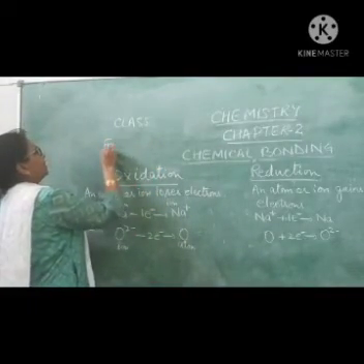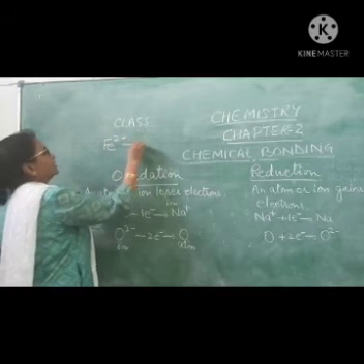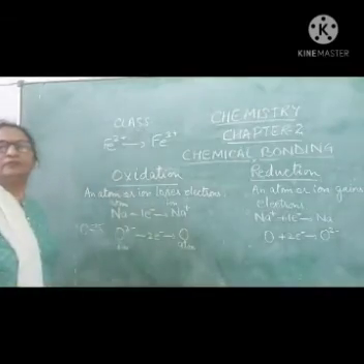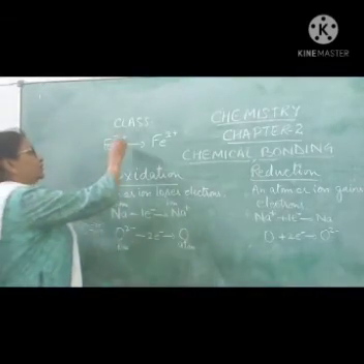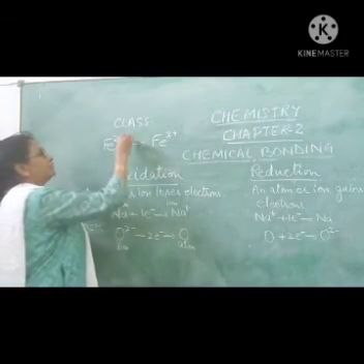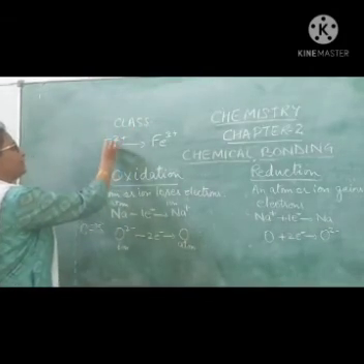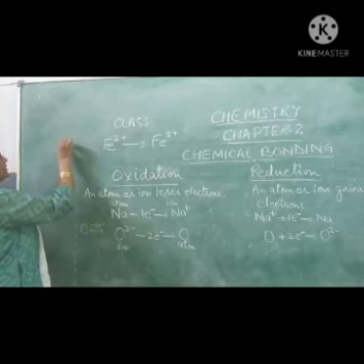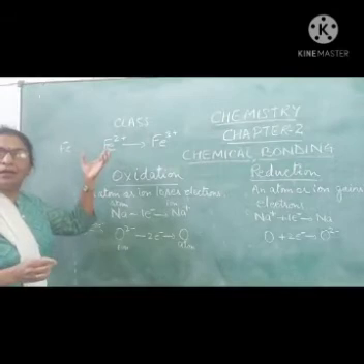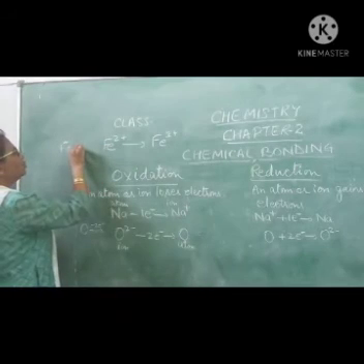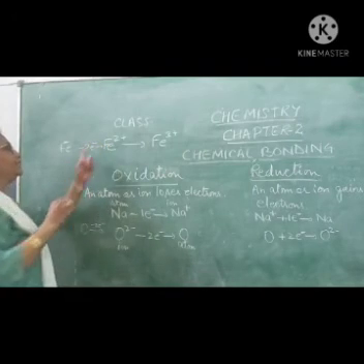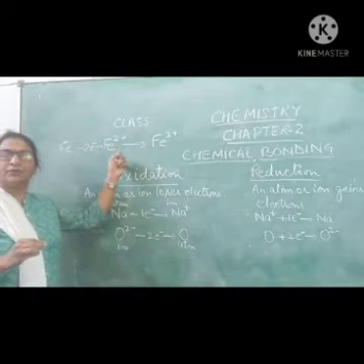So one more thing, just remember. Suppose I say Fe2 positive is converted into Fe3 positive, right? Now what takes place, oxidation or reduction? Actually, how is this Fe2 positive formed? The iron atom loses 2 electrons and is converted into Fe2 positive.